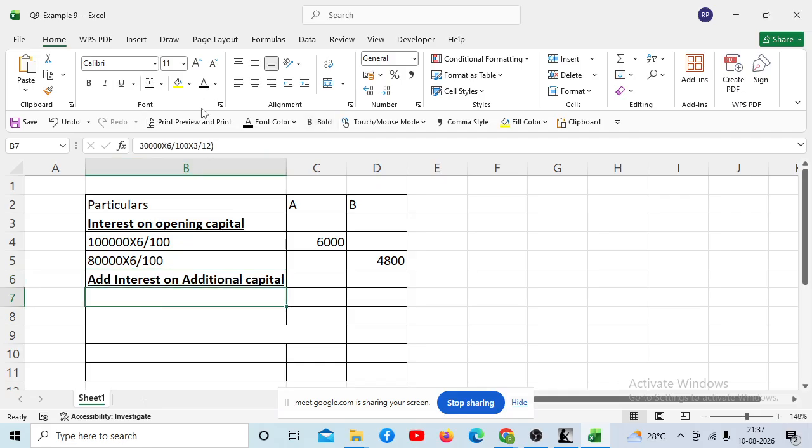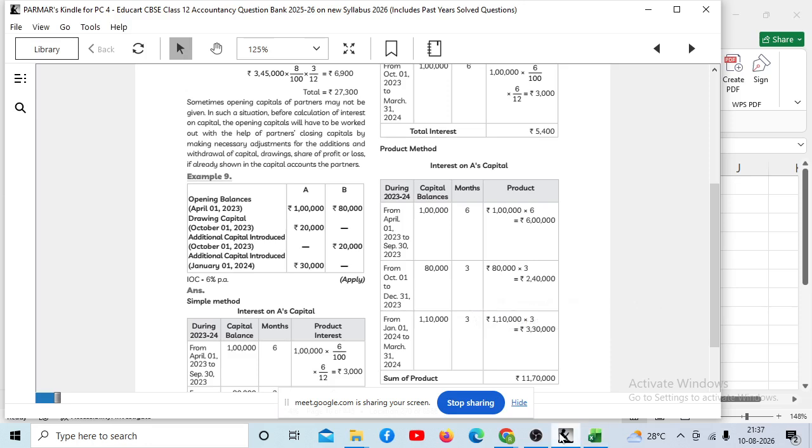Add interest on additional capital. Okay, now we will check who has introduced additional capital. First we will check it for A, right? A has introduced additional capital on 1st January, which is 30,000.